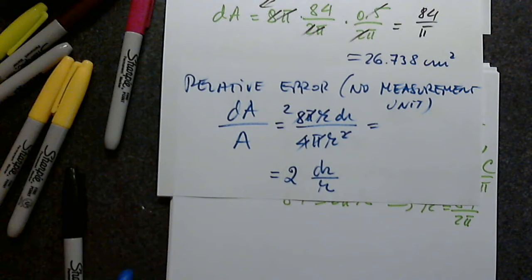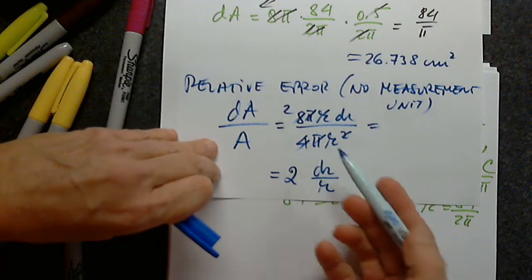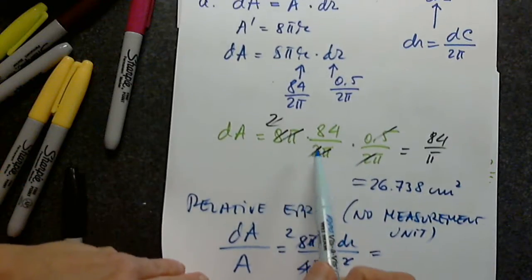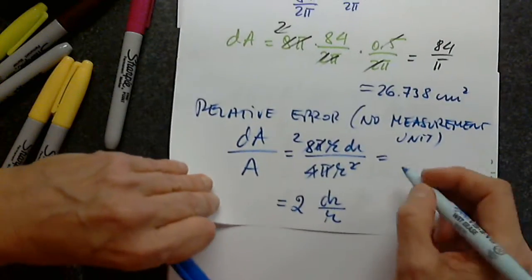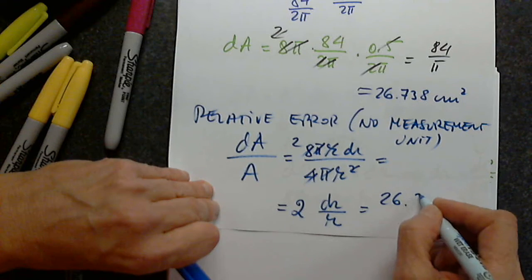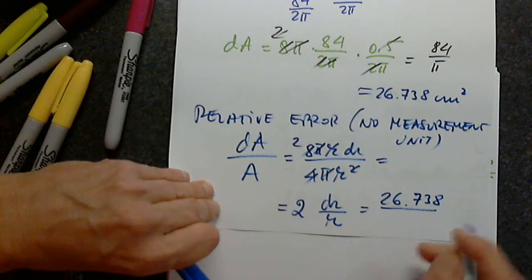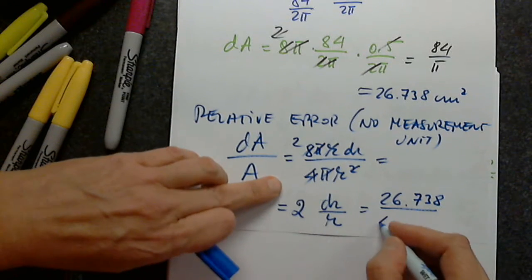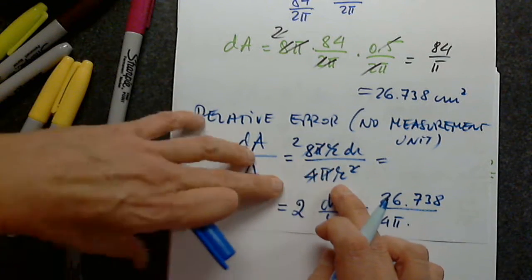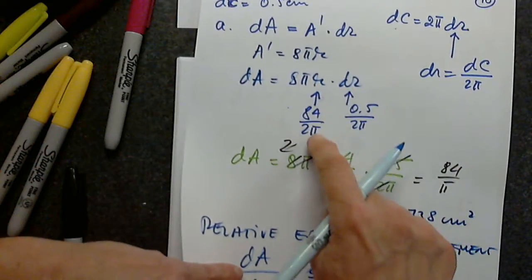So now if we want to determine it, we can simply go back and replace the top, which we have determined a minute ago, which was this, 26.738, and divided by, I have 4, I have pi, and I have r squared. What was r?